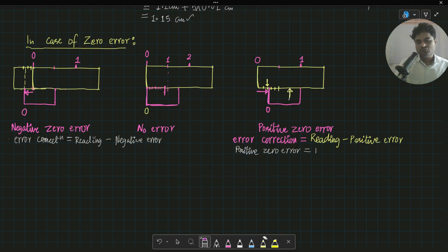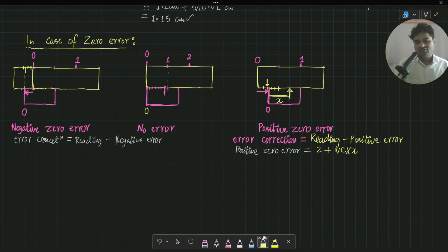In this case our value will become 2, and then we take the vernier count into x. What is this number x? It is the number from 0 to where it is aligning with the main scale. This becomes the positive zero error.